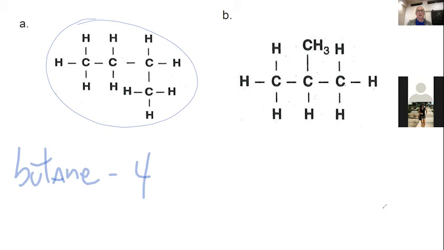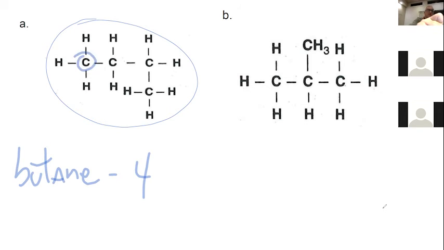And methylbutane would have how many carbons? That would be butane with another methyl group on it. So how many carbons would that have? 5. And how many carbons do we have here? Just 4.